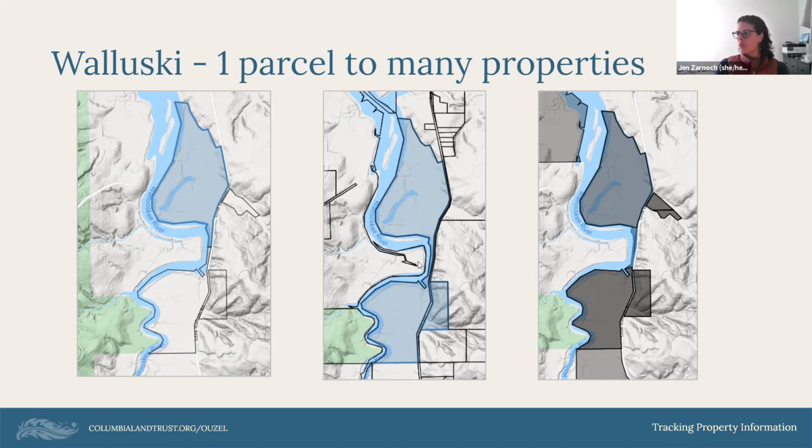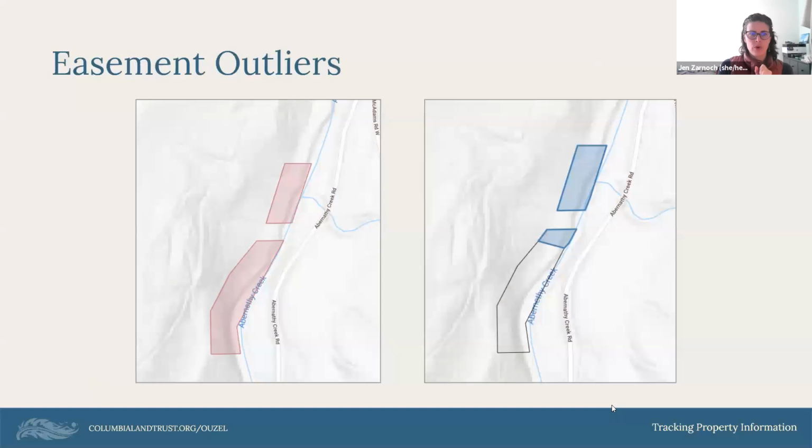Yeah, this was one parcel as defined by the county, but we split it out into the southern part and the northern part, because that corresponds with our properties. So in this case, this one parcel got split into multiple properties, even though from a county perspective, it's one. Hopefully that makes sense.